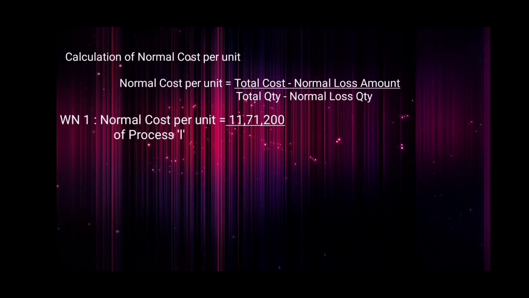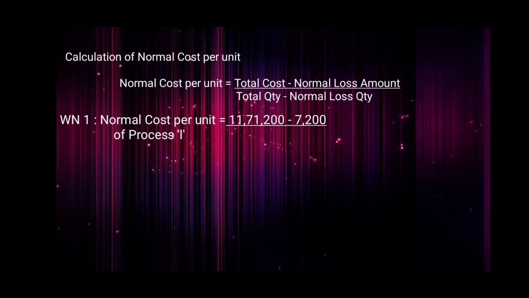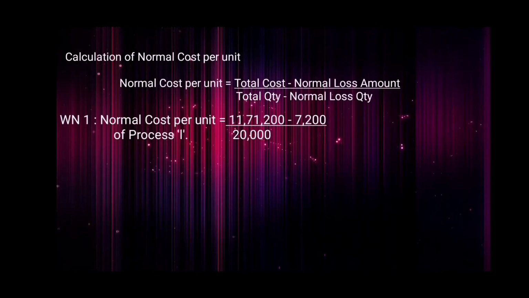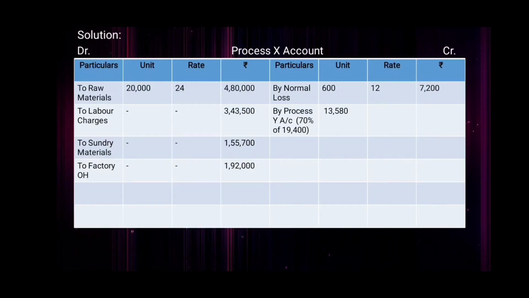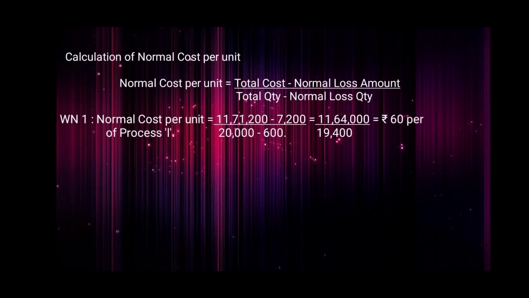So the total amount will be 11,71,200 minus normal loss amount. Normal loss amount is 7,200 divided by total quantity. So the total quantity is 20,000 units minus normal loss quantity, which is 600 units, which is equal to 11,64,000 divided by 19,400, which is equal to rupees 60 per unit.